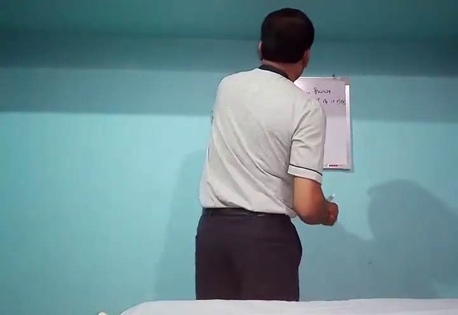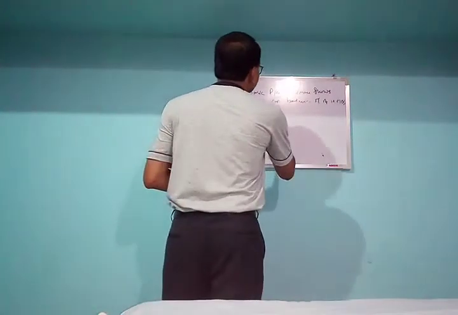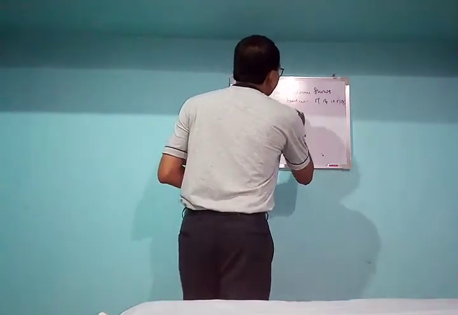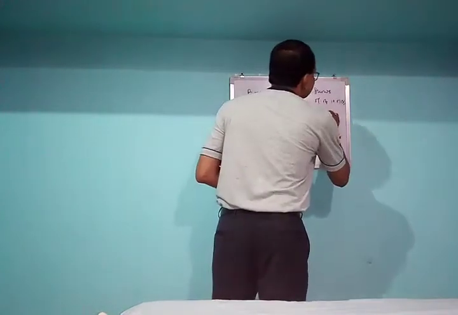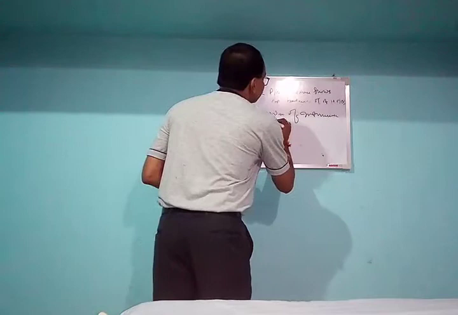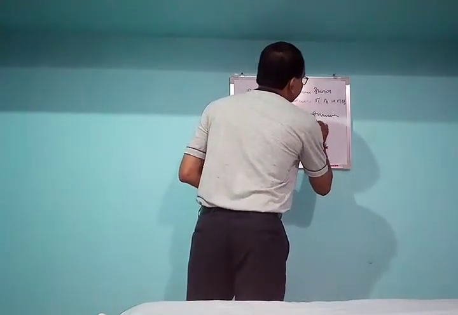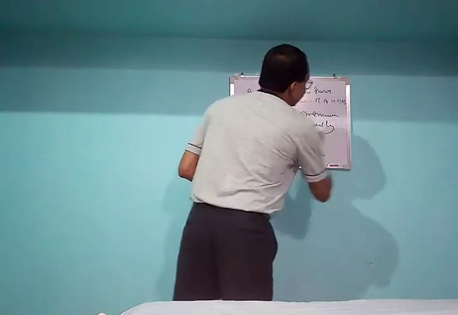Again, suppose premium of insurance of rupees 1,000 has been paid directly by the bankers.